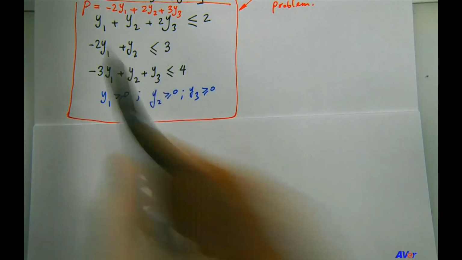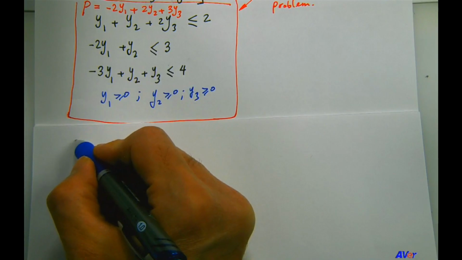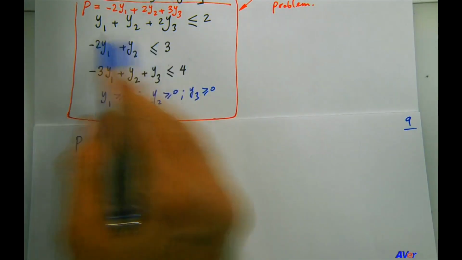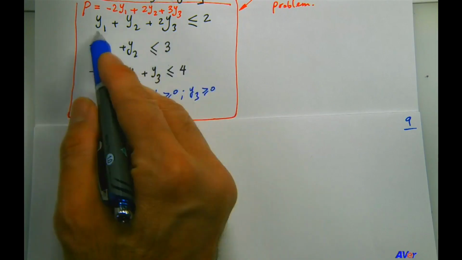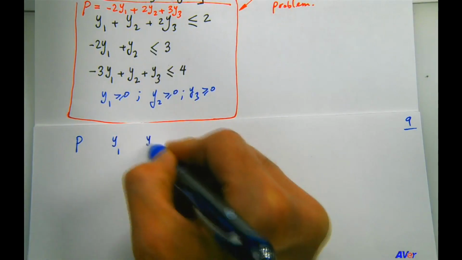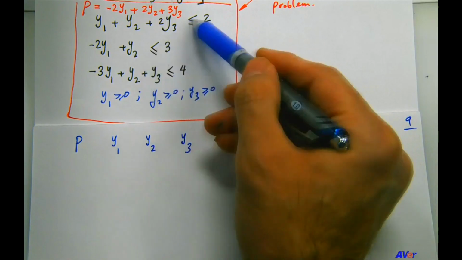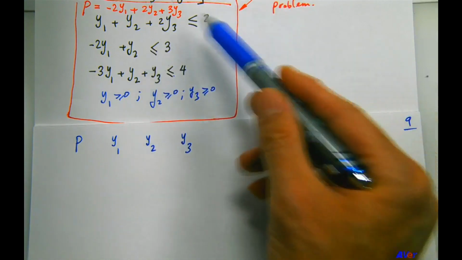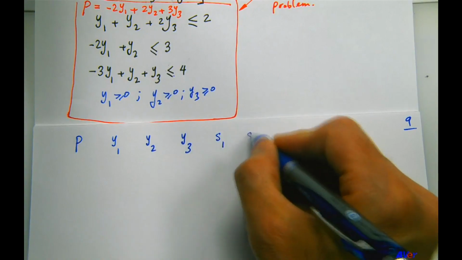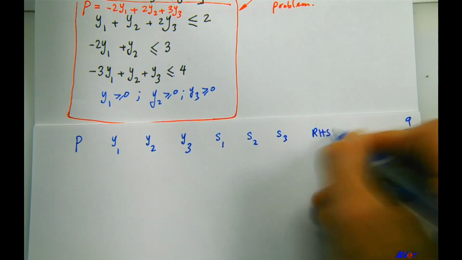So we have P, the objective function variable P, and this is page 9. P, and then remember these are not x1, x2, x3 anymore, so these are y1, y2, y3. And we have 3 constraint inequalities, so we need one slack variable for each one. So we're going to have S1, S2, S3, and of course the right-hand side column.